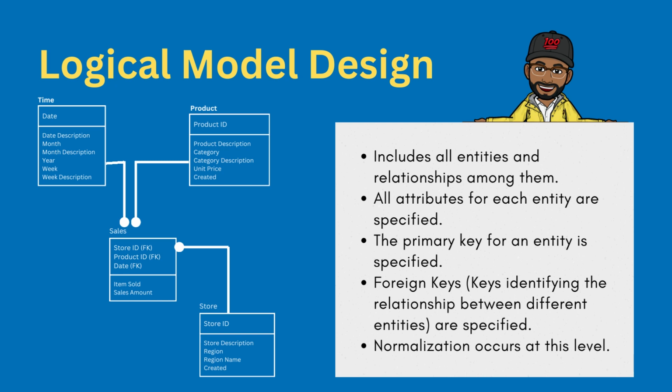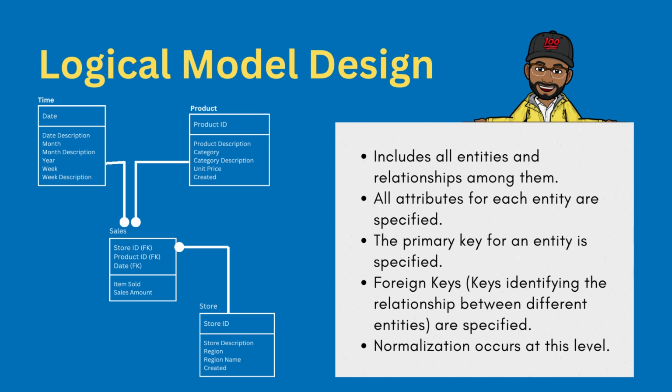You can have all those under sales. For the store, you have the store ID, store description, which region the store is from, the region name, created, updated, all those. And as I told you, the fact table will have all the foreign keys. From the store table you'll have the store ID, from the product table the product ID, from the time table the date key.